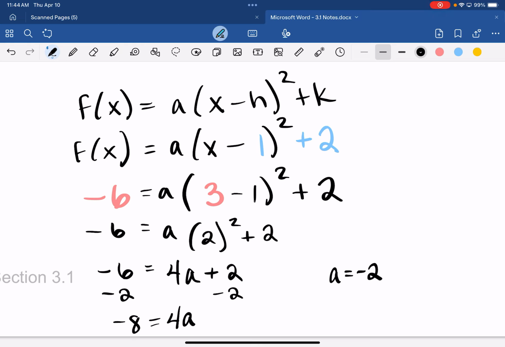So A equals negative 2. It's actually way easier to solve for A just because we don't have a variable inside our parentheses, so it simplifies real easily. Any questions on solving for A?